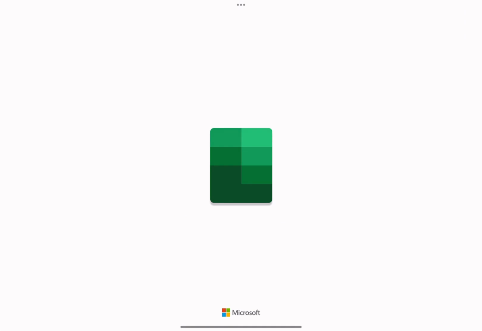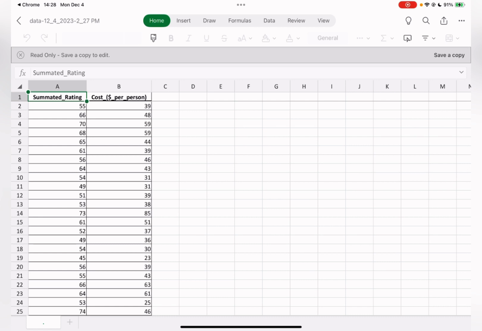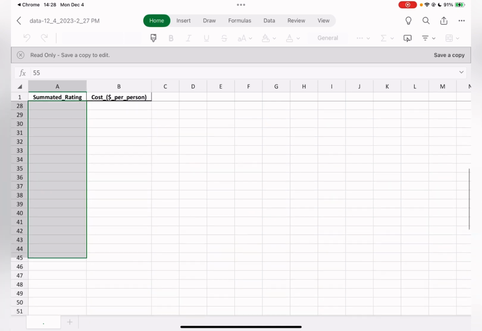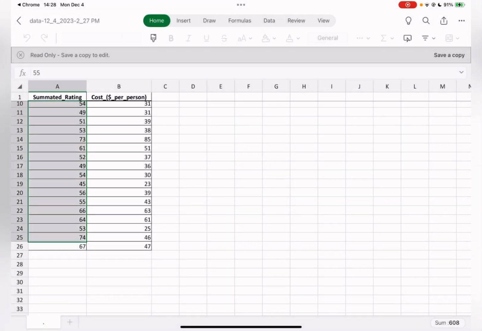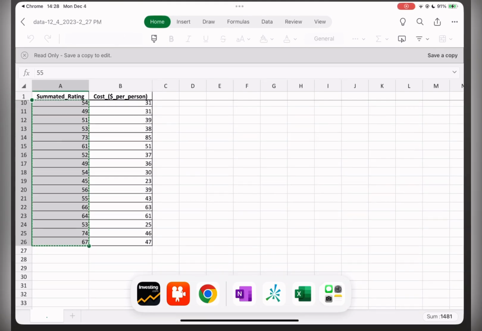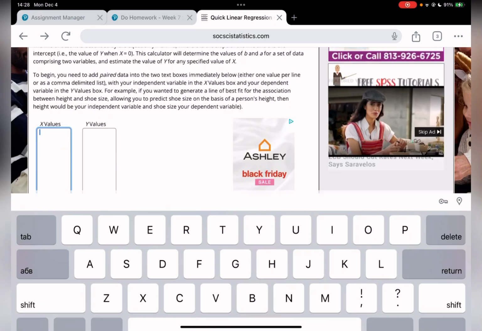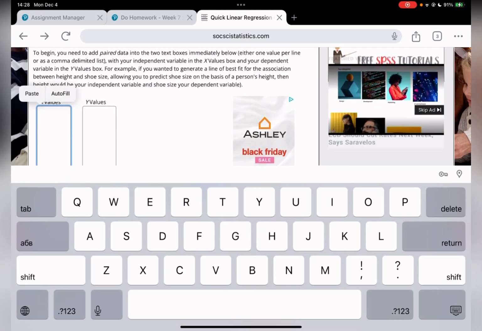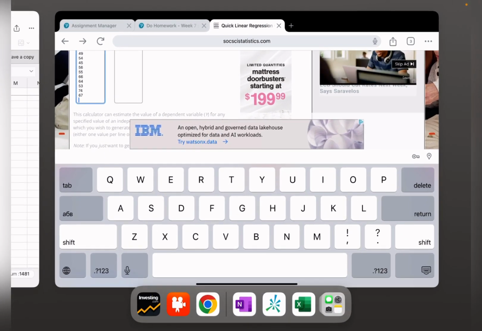There in Excel, and then I'm going to copy this data. Okay, copy. We copied and now we paste it. I will paste X here. Paste. There we go. And then I'm going to copy the second one.